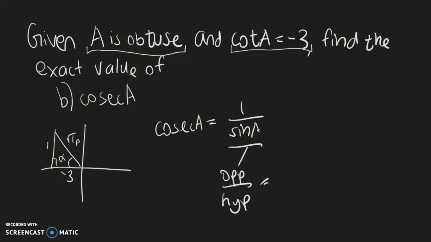So the opposite in this graph is 1 over the square root of 10. If we flip the equation, the answer is the square root of 10, and this checks out because the value of sine is positive in the second quadrant.